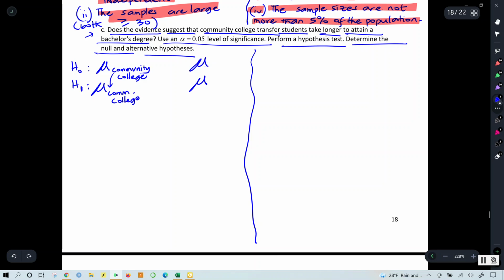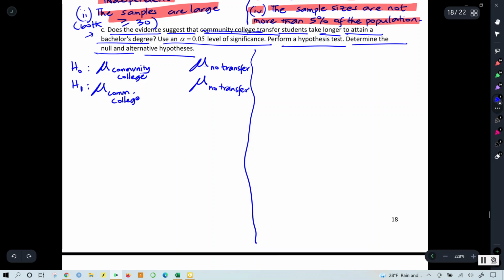Community college, and those who had no transfer from community college. So those who attended community college, their mean time to graduation versus those who had no community college and did not have to transfer.